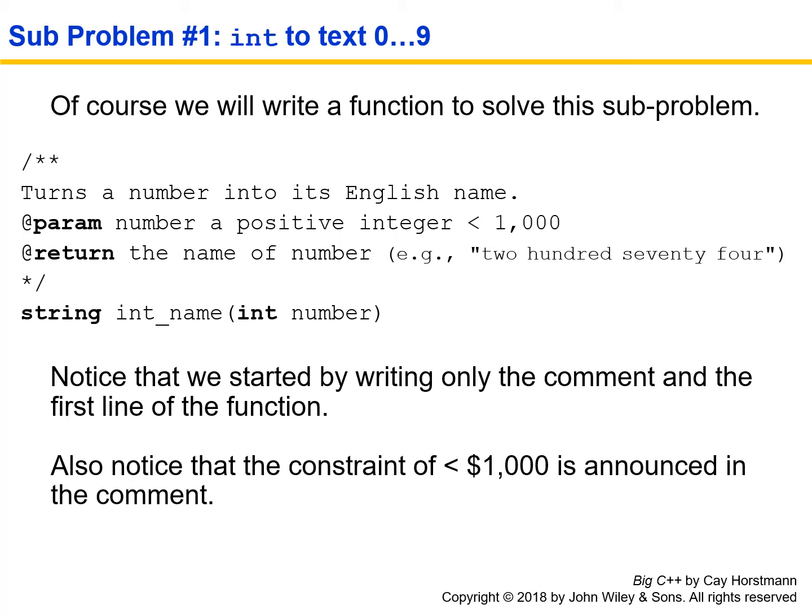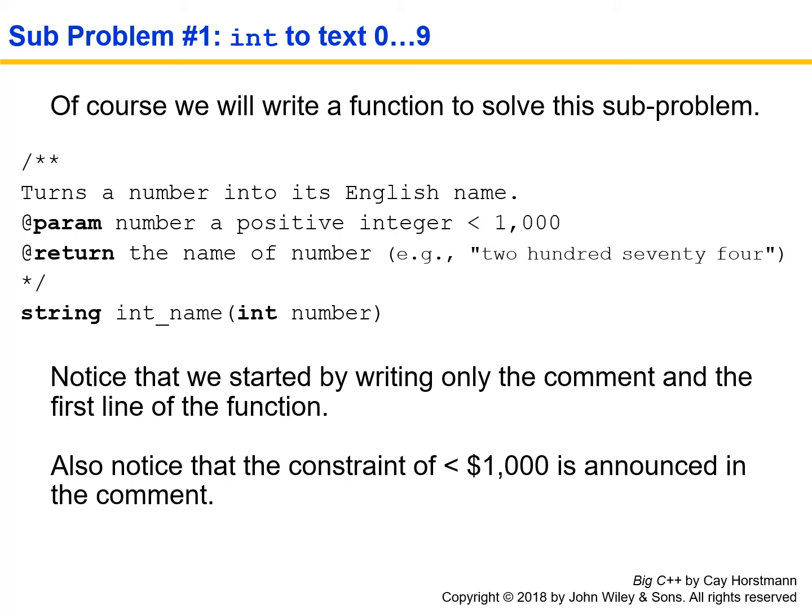So we're going to write a function to solve this subproblem and call it int name. It's going to return a string, which is, of course, the words that are equivalent to that number. And so, of course, it needs to take a parameter, the number.